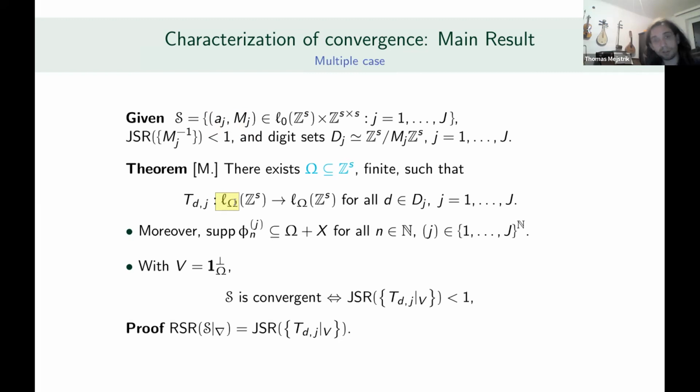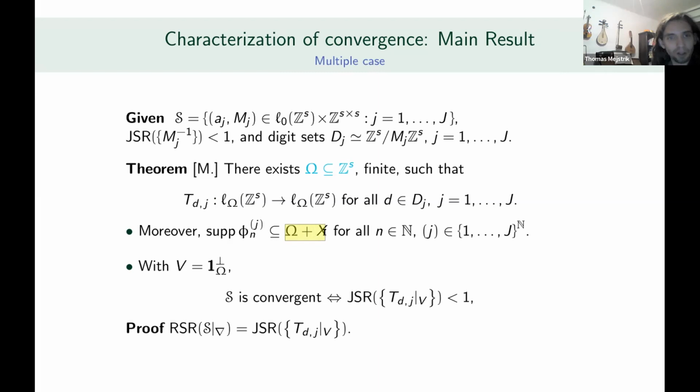This set Omega can actually be constructed explicitly, and we also have some minimality results for this set. Clearly, we want a small set Omega because this makes our matrices smaller. And if we have our set Omega, we can even use it to bound the support of our limit functions by expressing them as integer shifts of the set of all fractional points we've seen before.